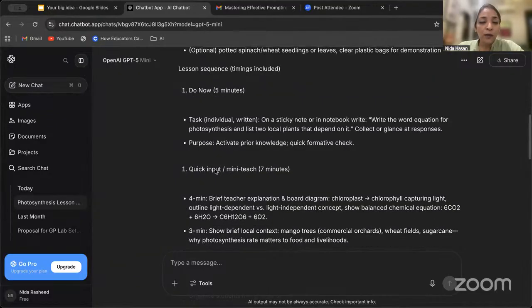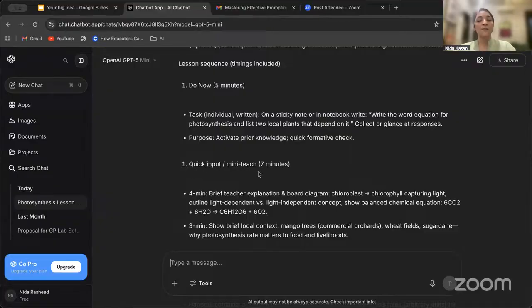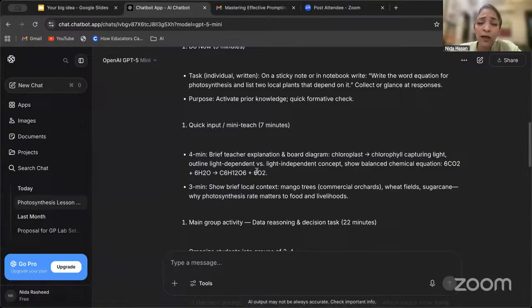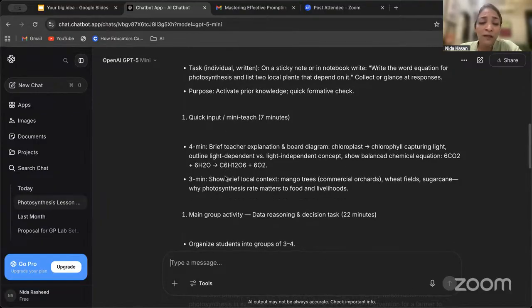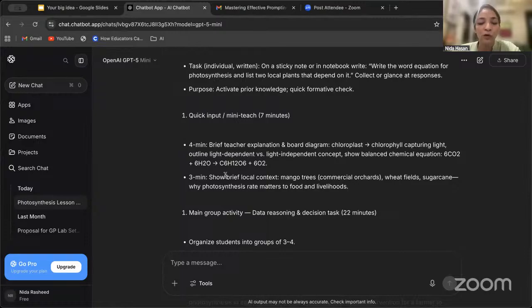Then a quick input, which can take about 7 minutes, and the teacher can look at how the children are understanding it. Do they remember? Do they not remember? So you have this brief prior knowledge check happening, because this will help you move on to your main activity.